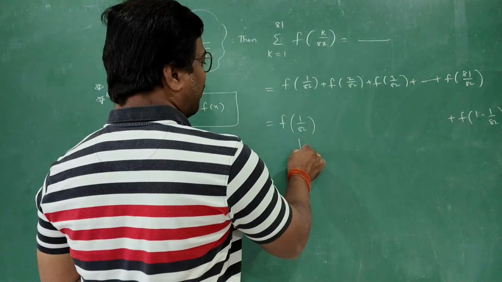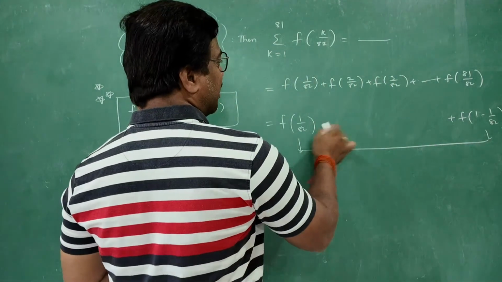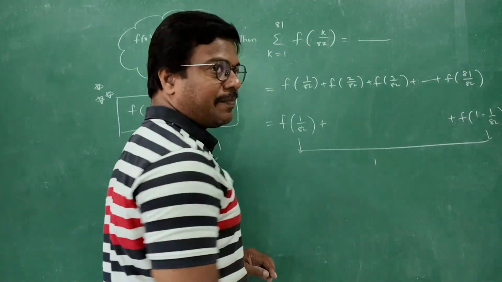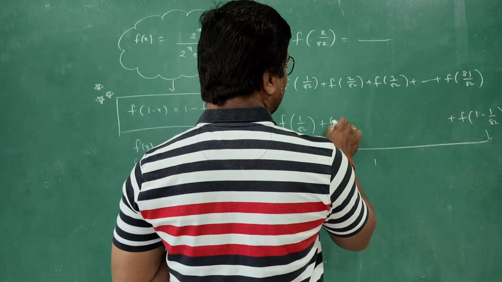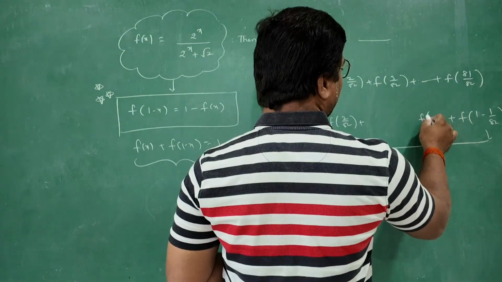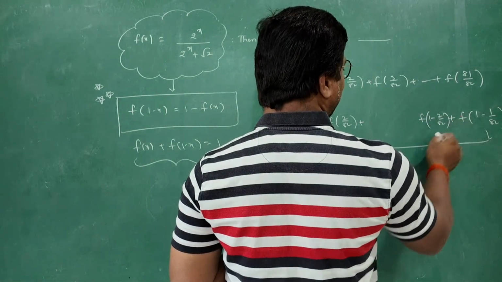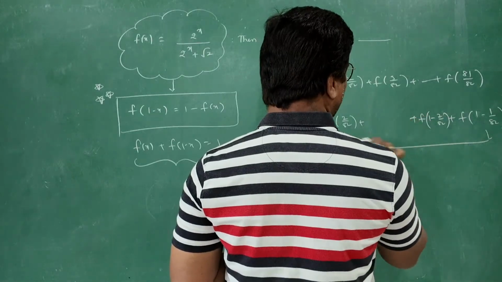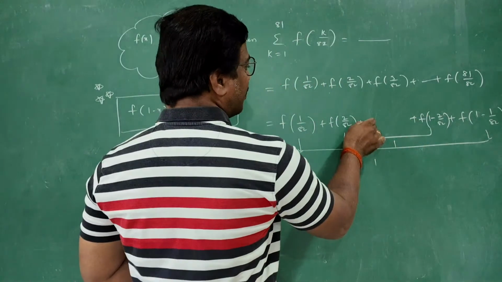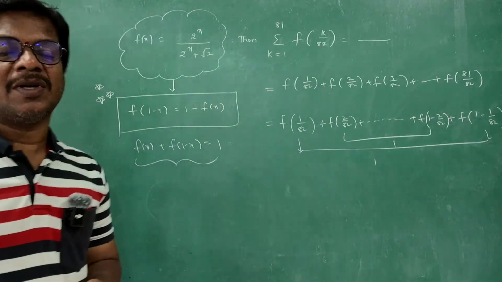Okay, this is f of x and this is f of 1 minus x. First and last combination gives 1. Next combination, f of 2 by 82 and f of 1 minus 2 by 82. The combination of these two again 1. Like that there exist many in between these two.